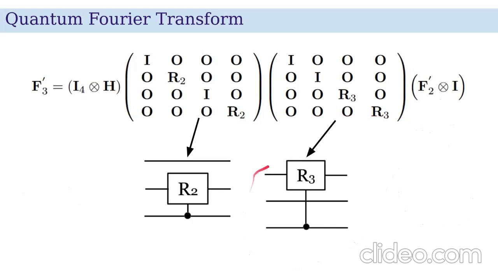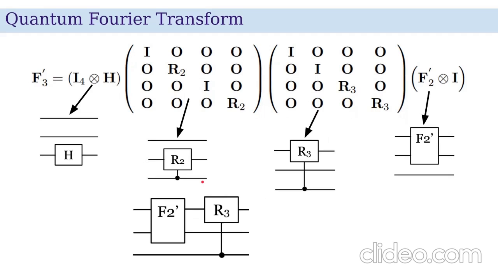Now, focusing on the middle two matrices mapped to controlled gate operations as shown in the middle circuits, the bottommost line in these circuits is for the least significant bit, which flips more frequently. The top line is for the most significant bit, which flips less frequently. On an intuitive level, the transition from I to R3 is less frequent in the matrix. So, R3 should be applied to the topmost qubit, and similarly R2 should be applied to the middle qubit.